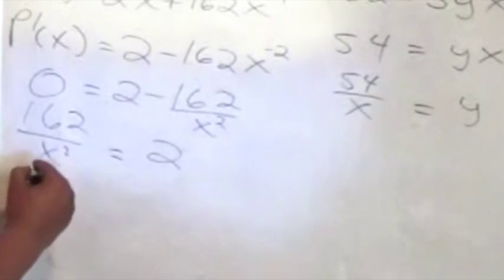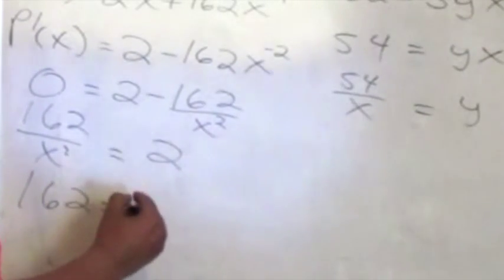So now that I have 162 over x squared equals 2, I'm going to multiply both sides by x squared. This gives me 162 equals 2x squared.